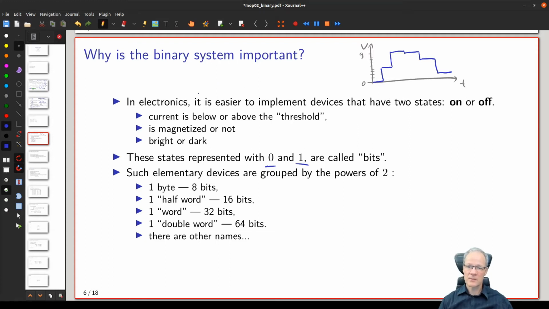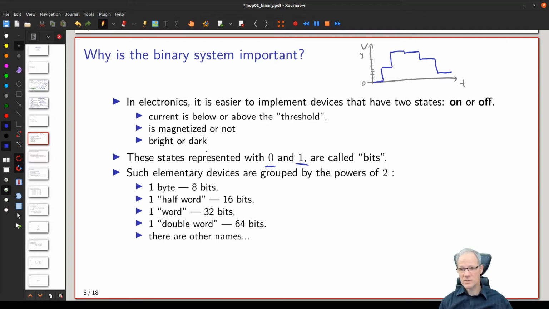Sometimes we can talk whether it's magnetized or not, if we talk about magnetic storage, such as hard drives that have these spinning platters on them. Bright or dark, if we're transmitting information over fiber cable, which is being done under the ocean, for example, where a bunch of fiber cables are sending data between the continents.